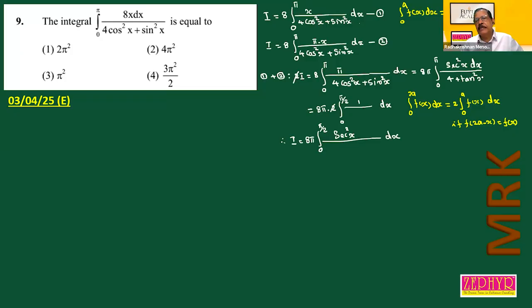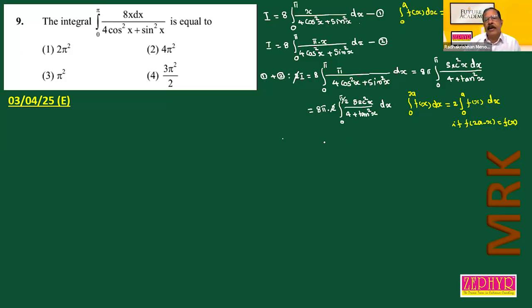That is why. So I am using the property. Again, numerator is sec squared x, denominator 4 plus tan squared x.